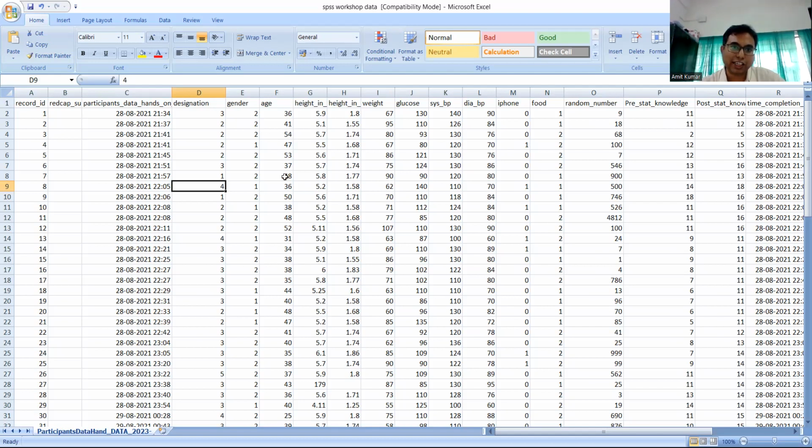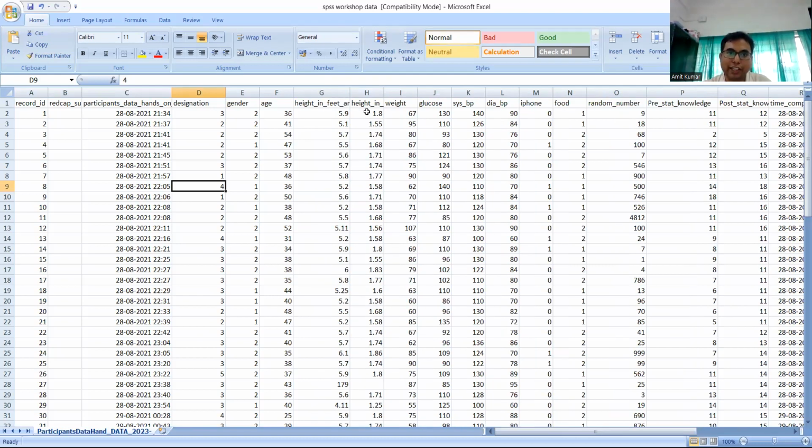Age in years I asked them to fill. Height in feet, height in meter, weight, glucose level, what they remember last time they did, and the systolic blood pressure, diastolic blood pressure, iPhone user 0 1, and the food choice, veg or non-veg.